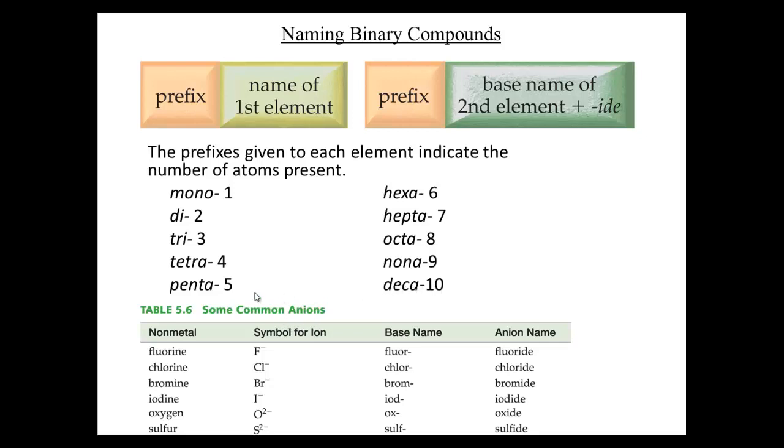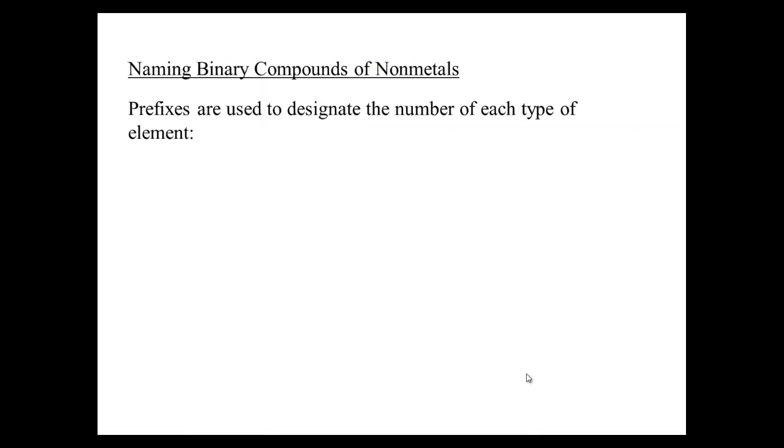And these are some of your common anions. So for example, fluorine, its base name is fluor. So you'd say fluoride, like sodium fluoride. Same thing, chloride, so base name chlor, and then you add that ide. So here's some examples for you. So for example, you can have dinitrogen, so you have 2 nitrogen, di, that's the prefix, nitrogen's the name, and then you have 1 oxygen, so it's monoxide.